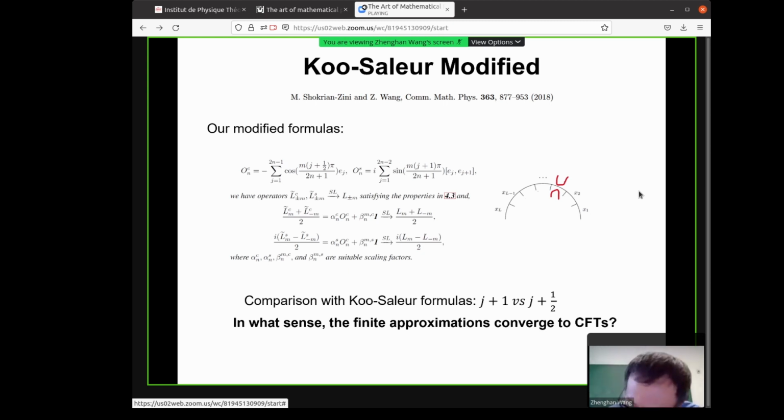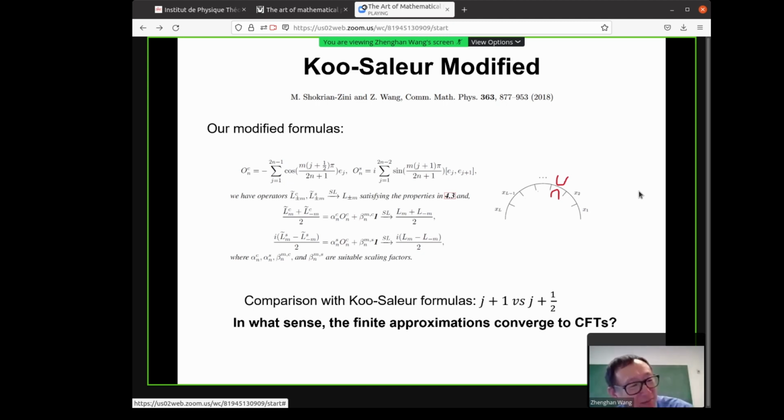And I think Hubert convinced me our formula is not any better than their formula conceptually. I think we will have the same problem about the central charge, but numerically, they probably converge a little bit faster because there is less mixing of high energy and low energy.